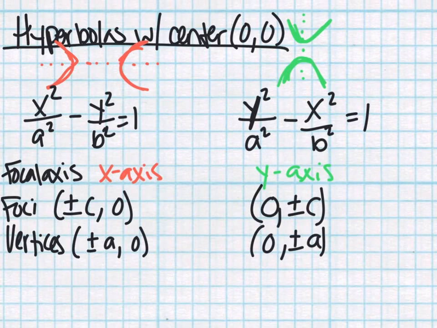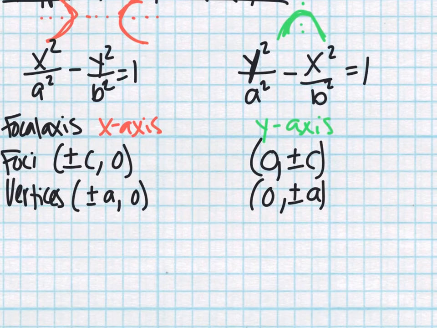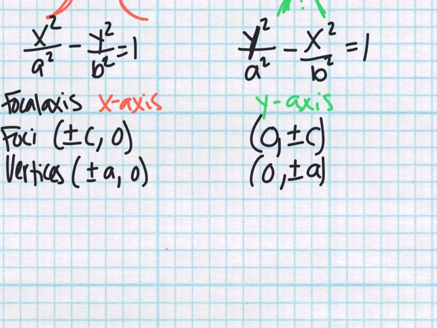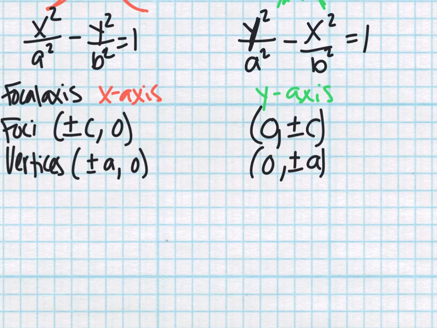So starting to see a similar pattern to what we've seen so far with the ellipses and hyperbolas. We've got C and A, and then we need B to come in somewhere, and we have the Pythagorean relation that we can use for each of these to find out B if we have C and A, or find C if we have A and B, etc. So Pythagorean relation, remember, is c squared equals a squared plus b squared.